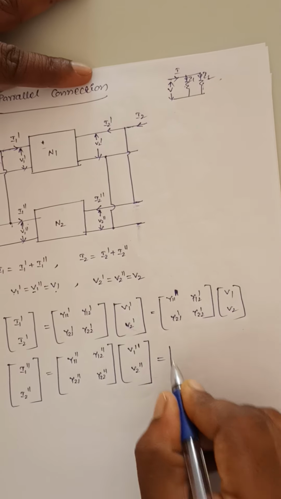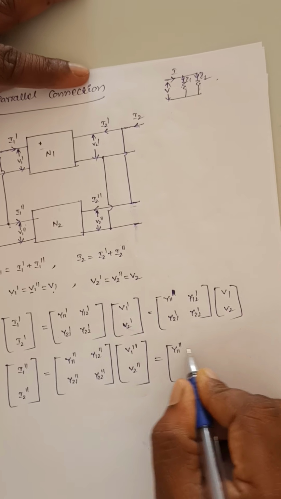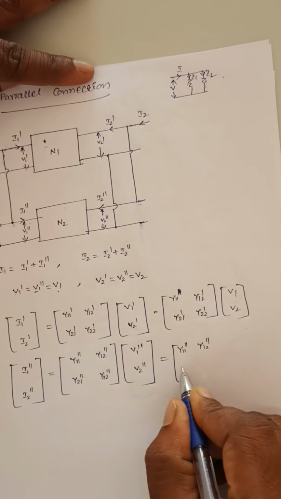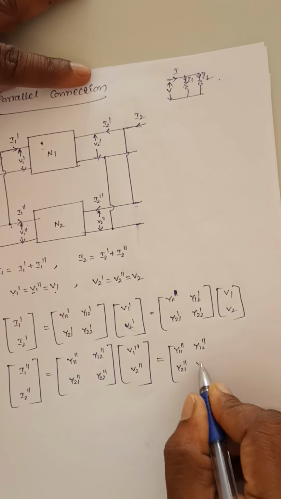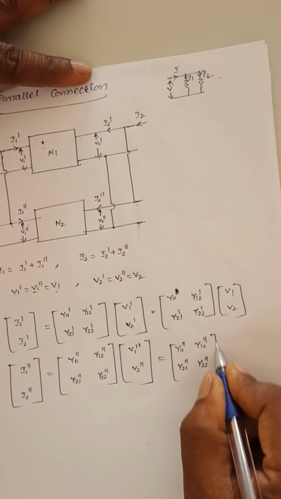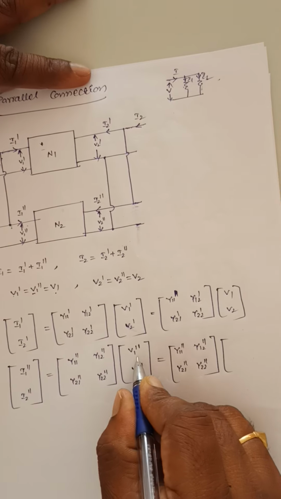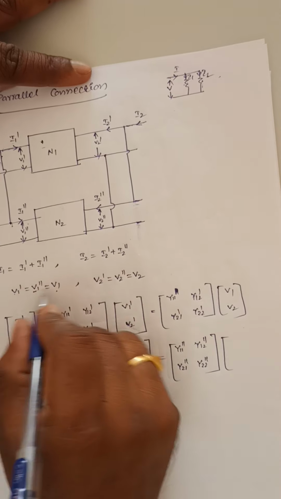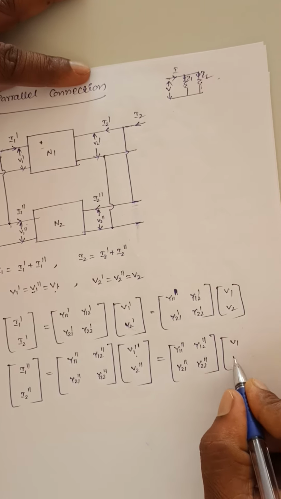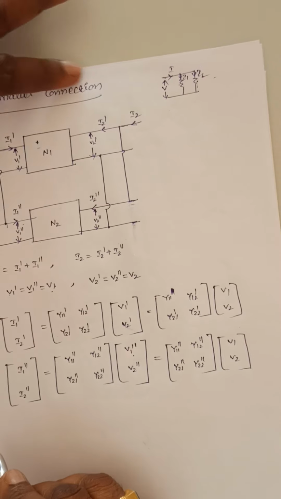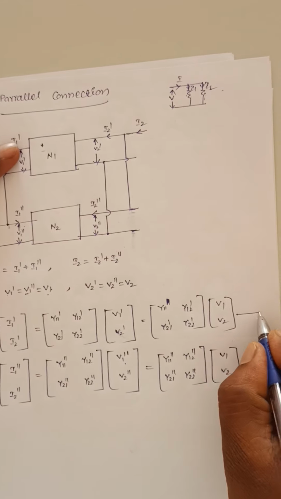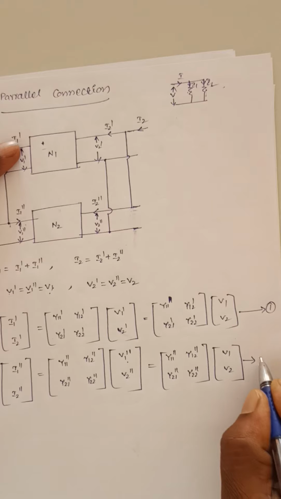In a similar fashion, it is also Y11 double dash, Y12 double dash, Y21 double dash, Y22 double dash into V1 double dash, which is equal to V1 dash is equal to V1, and V2. Okay, now let us take, it is equation number 1, it is equation number 2.